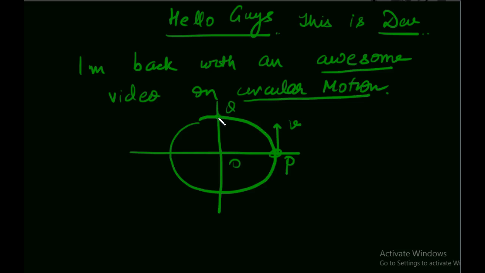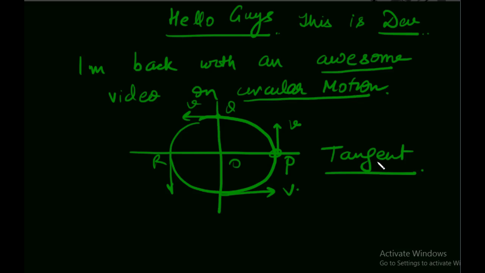At this point Q, velocity will be like this, R like this, and S like this. So you see, this velocity at every point is tangent to the circle. Okay, so first I will prove why it is tangent, because this is very important.